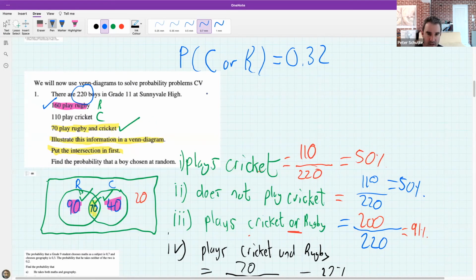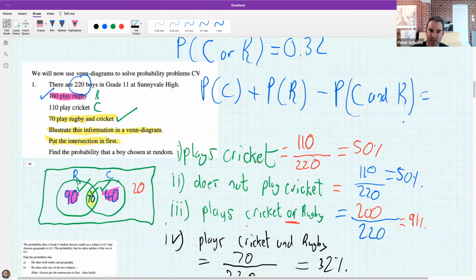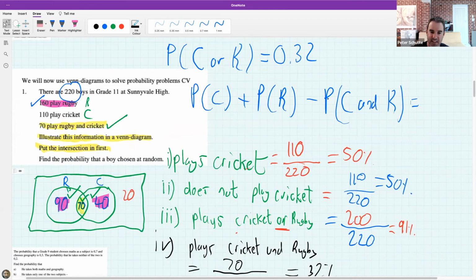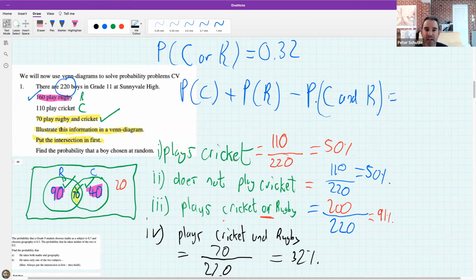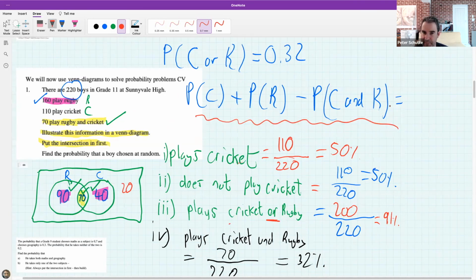If we work out the probability of playing cricket plus the probability of playing rugby minus the probability of cricket and rugby, what do you think we're going to get? Just based on earlier in the lesson, what identity does that remind you of? So the probability of getting cricket or rugby is 0.32 approximately. I rounded off. If you recognize this from early in the lesson, what do we know this is going to end up being?